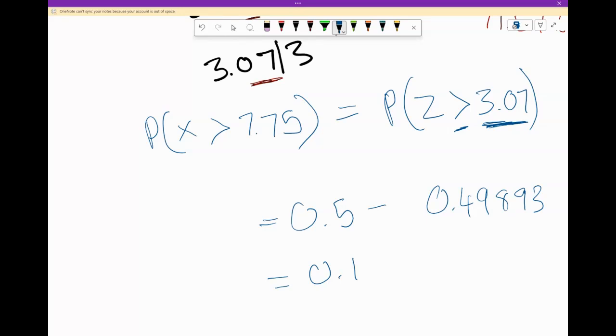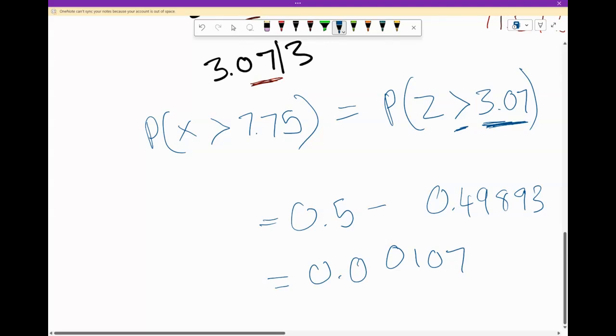So it's what? 0.1 what? What's our final answer? Or is it less than that? Yeah, it's 0.001. Is it 1 or 107? Oh, okay, sorry. 0.00107.